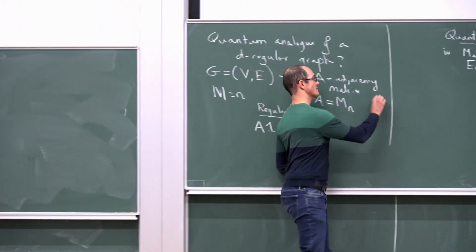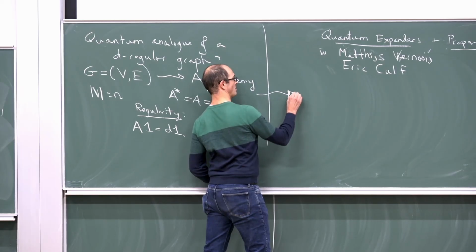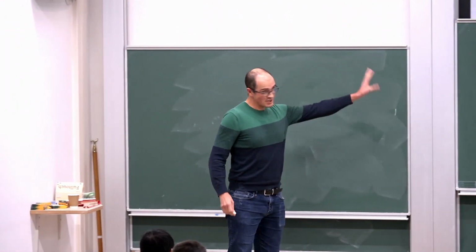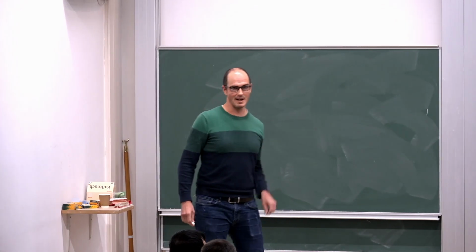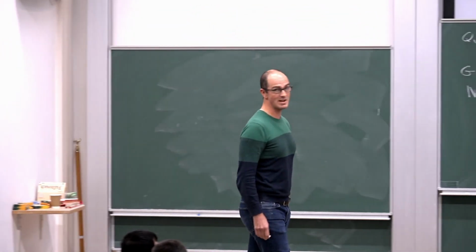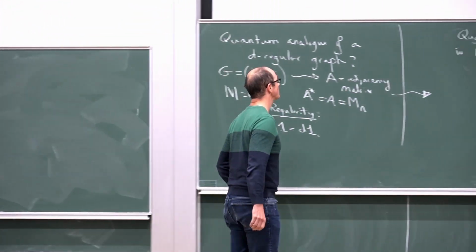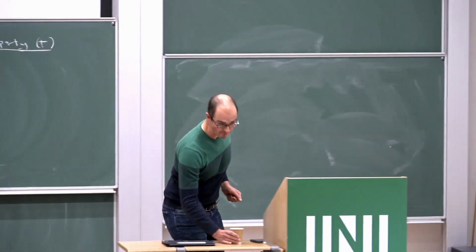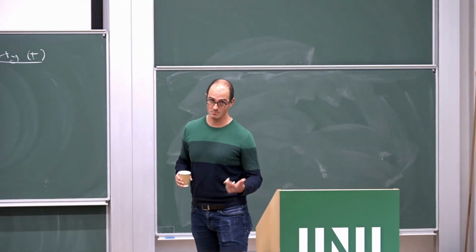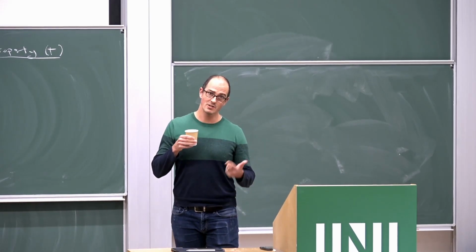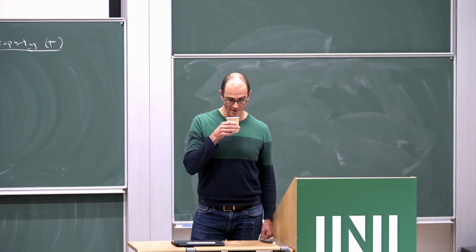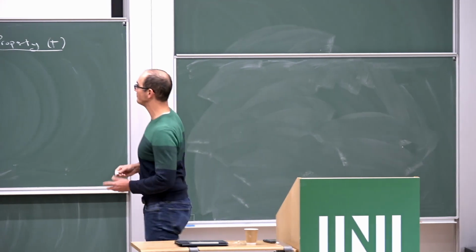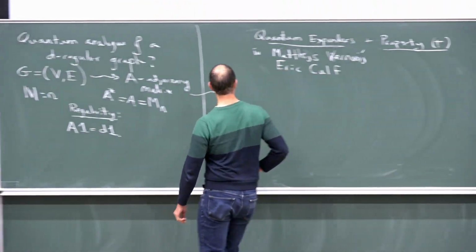But the consideration of quantizing d-regular graphs actually came in the quantum information theory community quite some time before the theory of quantum graphs, as we've seen this week, was popularized. So I want to say a little bit about both ways of thinking about these things.